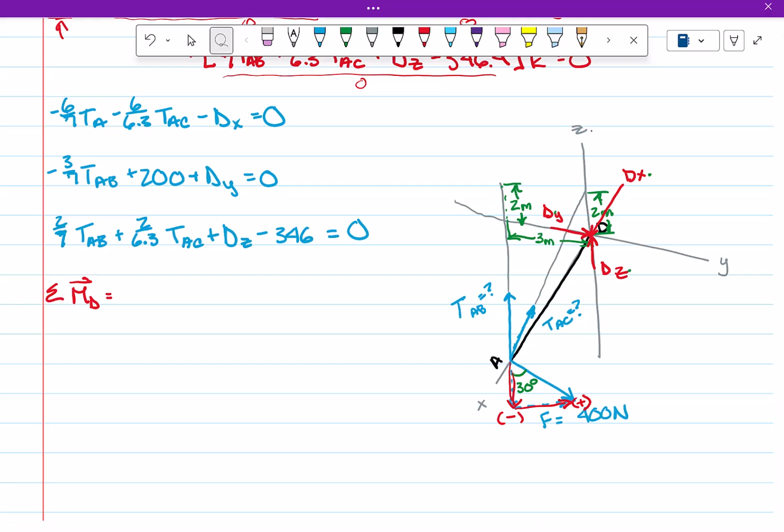So we're going to take the moment about D, right? As I mentioned, the easiest way to do this is actually to recognize that all of these meet at A. So TAB meets at A, right?